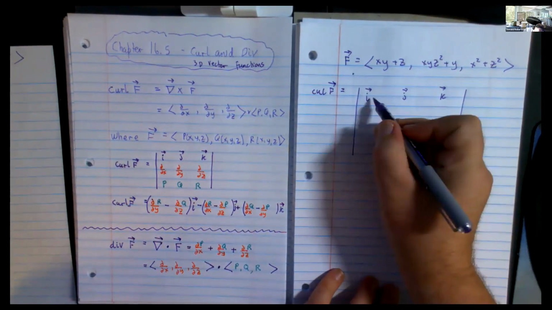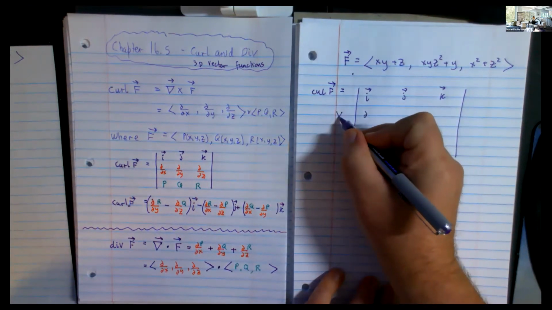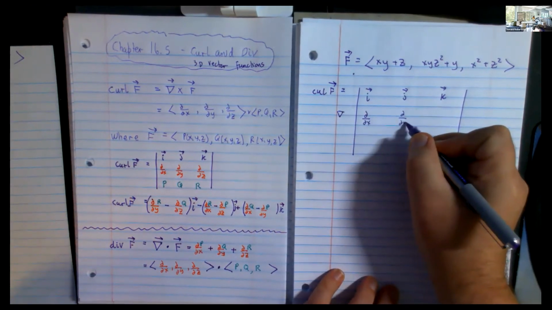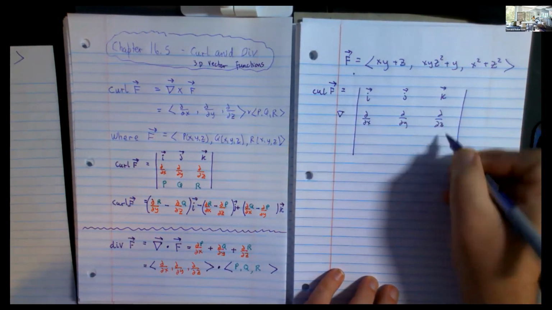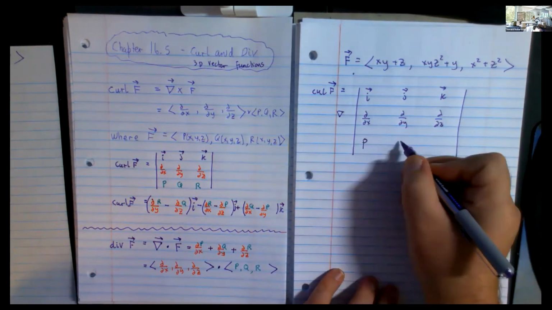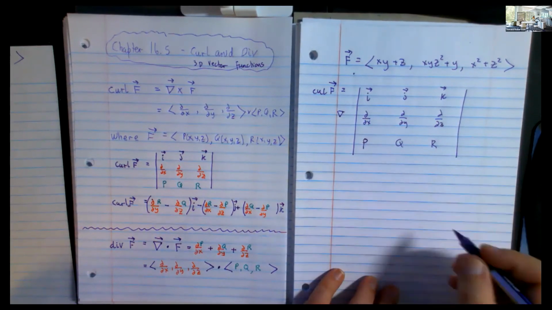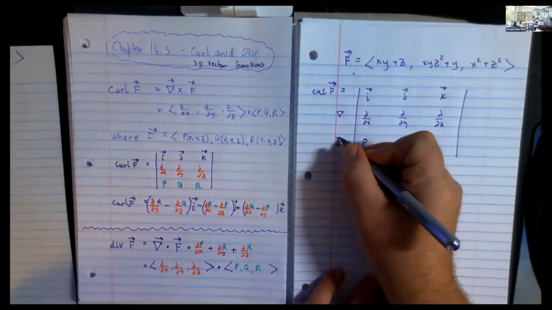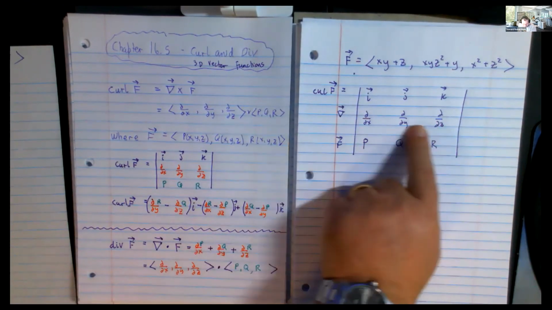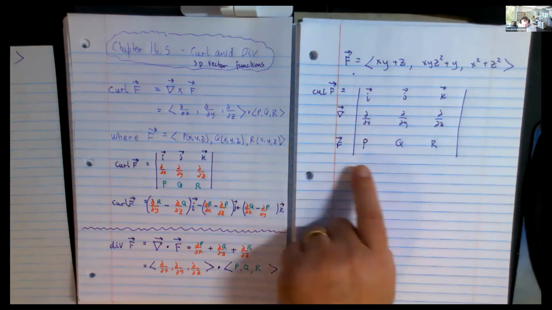You do i, j, k, you put the operator del, so that's d by dx, d by dy, d by dz, and then you put what I'm going to call the functions P, Q, and R. Normally I won't write that down, but this case I will. So i, j, k, that's your gradient operator, and this is your F.